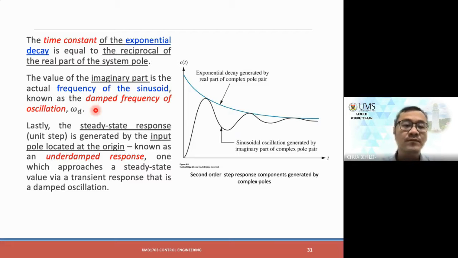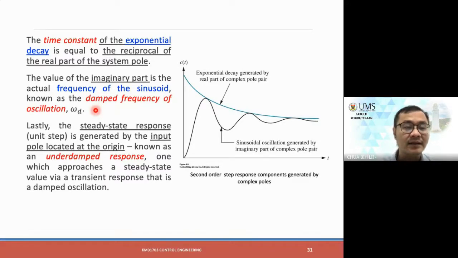All these characteristics we first derived in the first week, when we tried to model our mechanical system using transfer functions. From that particular system, you know that it can be a first order, second order, or even higher order system.